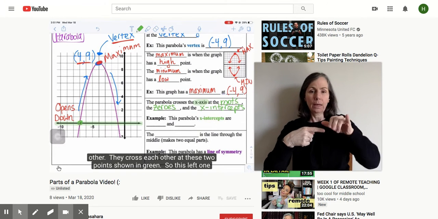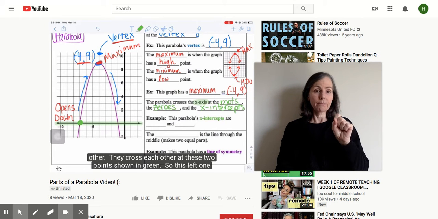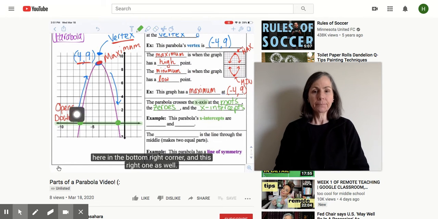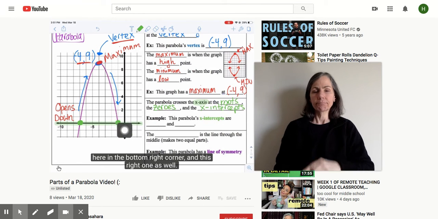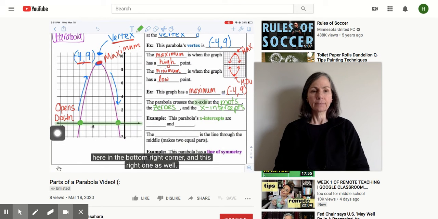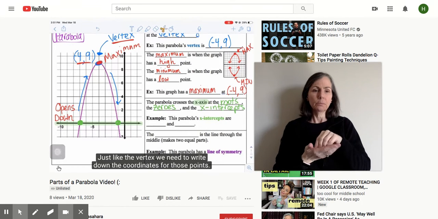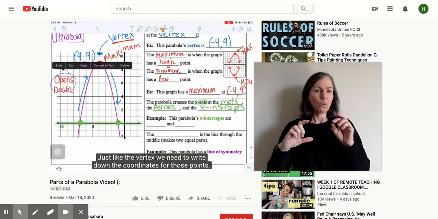They cross each other at these 2 points shown in green. So this left one here and this right one as well. Just like the vertex, we need to write down the coordinates for those points.